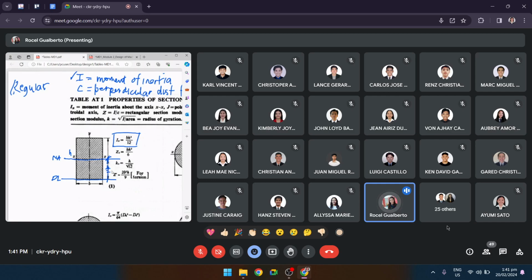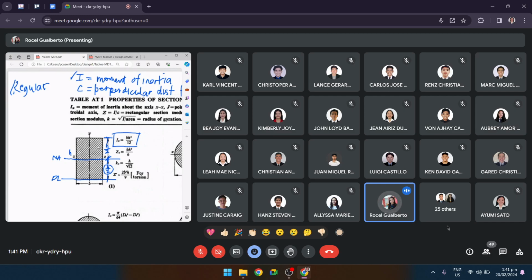After knowing this distance, H over 2, you look also for the other distance, from the neutral axis up to the topmost member. This distance is also H over 2, the same, since this is symmetrical.